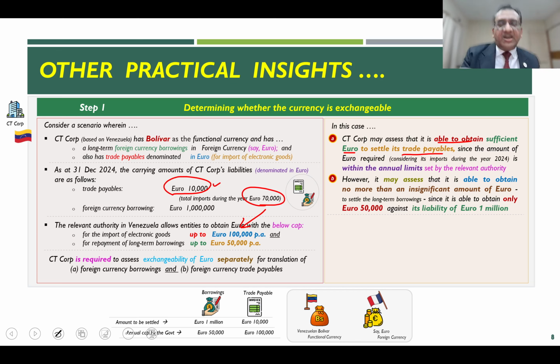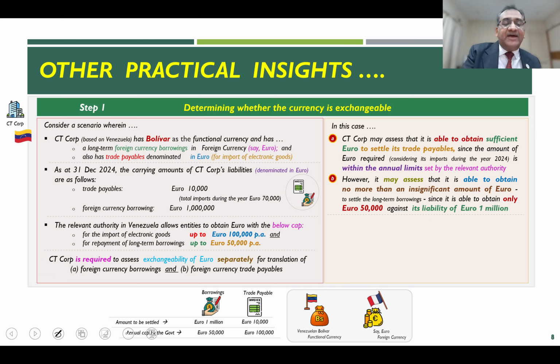So when it comes to trade payables, yes, it will assess that it has the ability to obtain sufficient euro to settle and discharge its liability, since the amount of euro required, considering the imports during the year 2024 and the closing position, is within the annual limits permitted by the authorities.